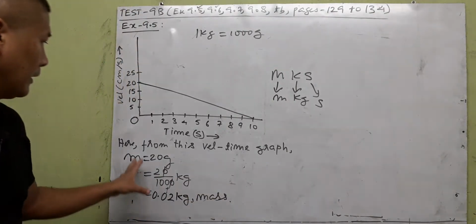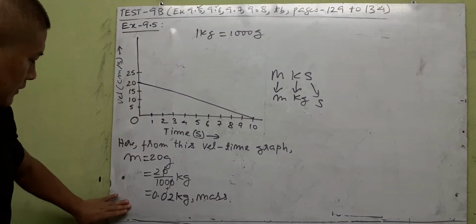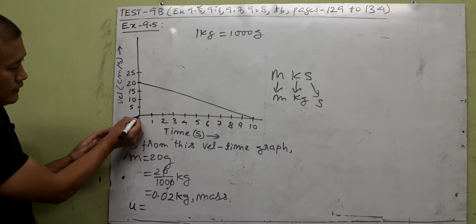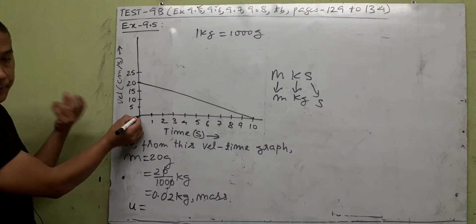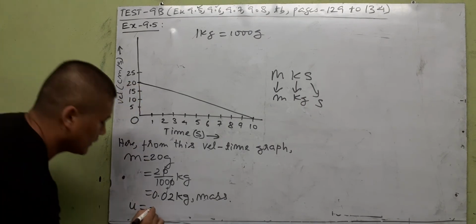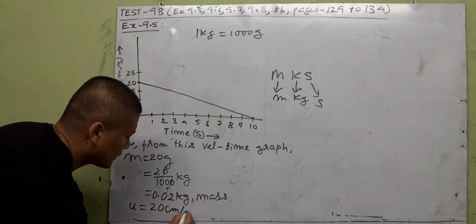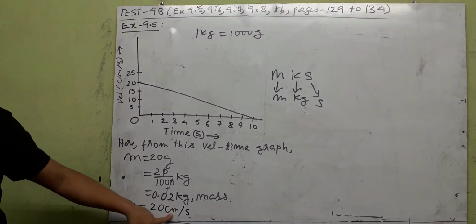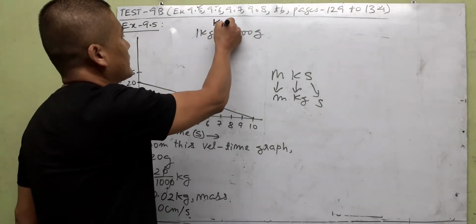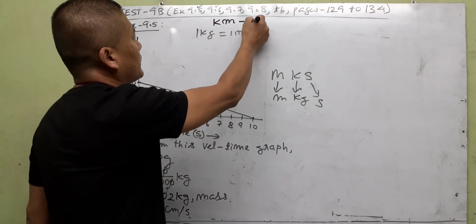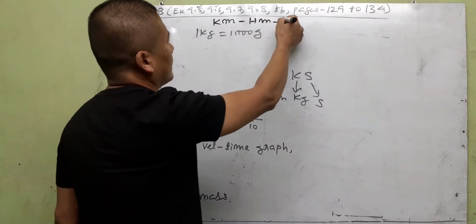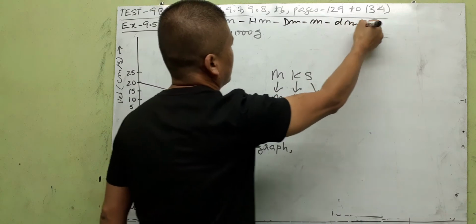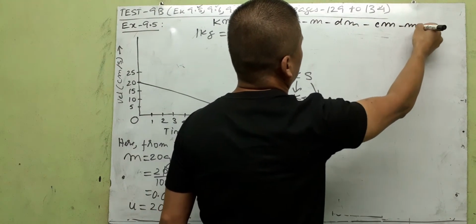Okay, so as you first saw in the table, U means at 0 second is when the ball appears first. So that is having 20 centimeter per second as the velocity. Now we need to change this centimeter to meter, because the SI unit of distance is meter, not centimeter. So kilometer, hectometer, decameter, meter, decimeter, centimeter, and millimeter.